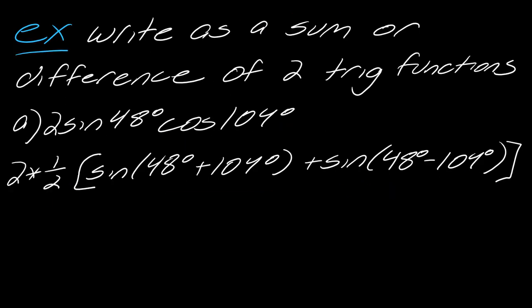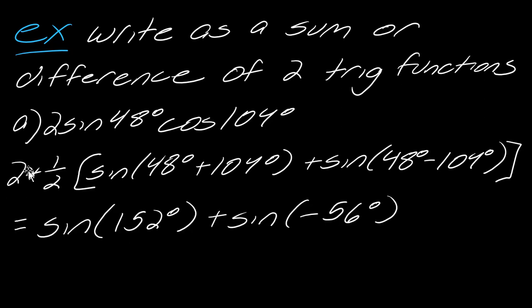If I just straight up apply the identity and plug in those different degree measures, this is what I would be left with. And then I'd also have this 2 times 1/2 because there was a 2 in front here. So ultimately I would be left with this, and this fulfills the directions, right? The directions said to write this as the sum or difference of 2 trig functions. So here are my 2 trig functions. They just both happen to be sine.